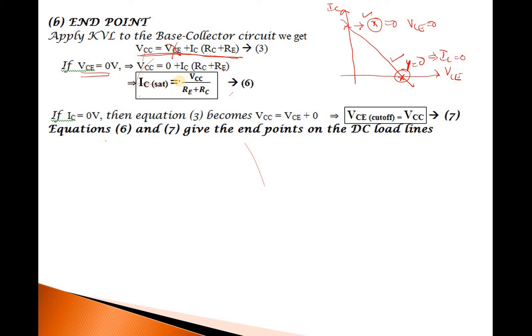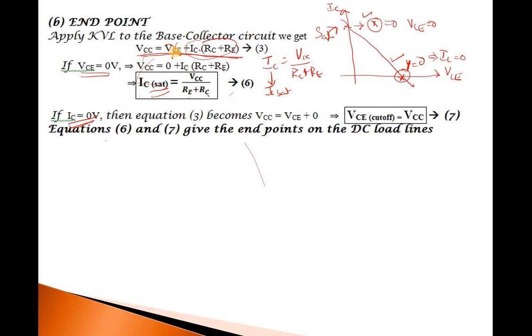Rearrange, IC is equal to VCC by RE plus RC, but this is nothing but the maximum point here, and maximum point is called the saturation point. So instead of just writing IC is equal to VCC by RC plus RE, we prefer to write it as IC saturation. Then coming to the second portion, IC should be substituted as 0. If I substitute this IC 0, this whole thing vanishes.